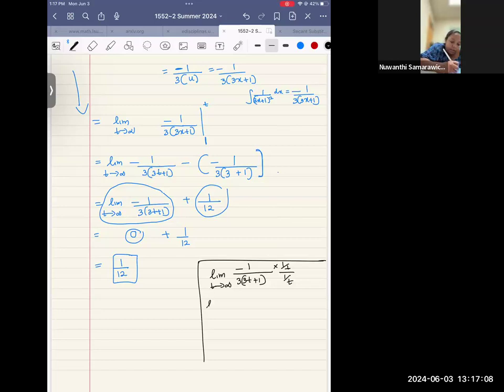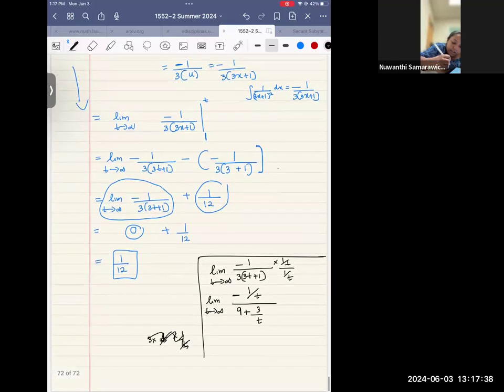So here then you will see t goes to infinity. In the numerator you have 1 over t. In the denominator you will get just 9, because 3 multiplied by 1 over 3t, the t's get cancelled. So 3 multiplied by 3 is just 1. And here you will get 3 over t.